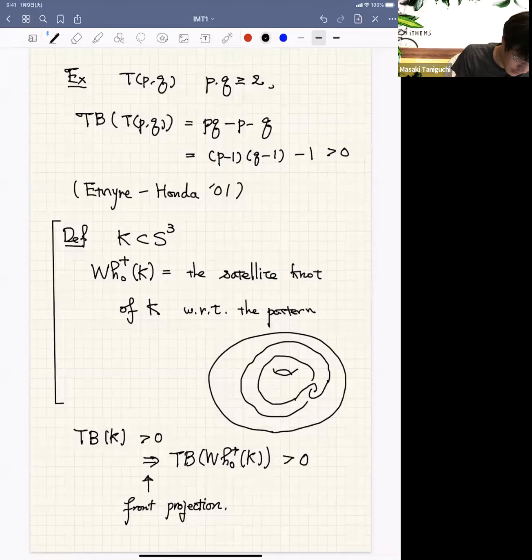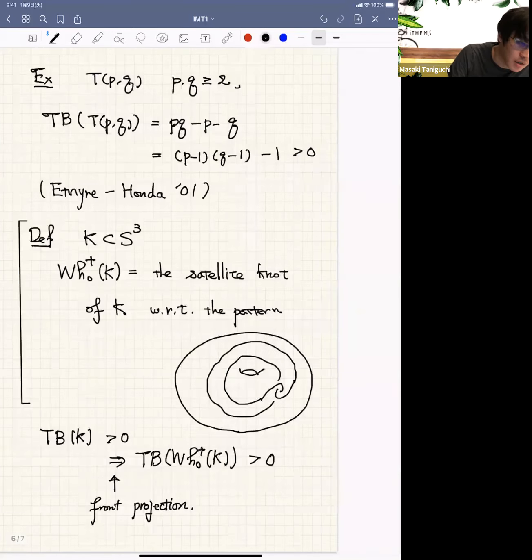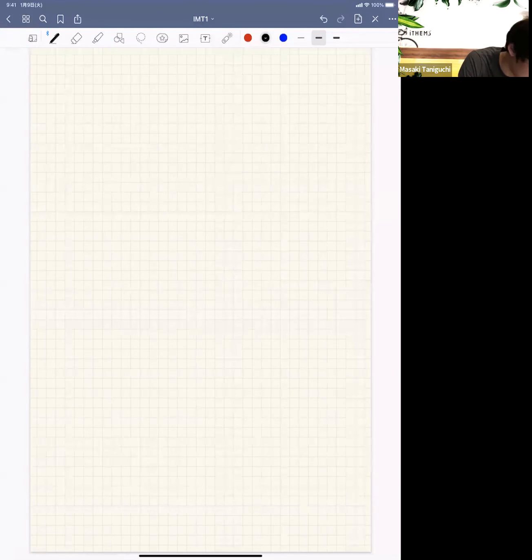And by using these examples, I would like to give some concrete application of the main result.